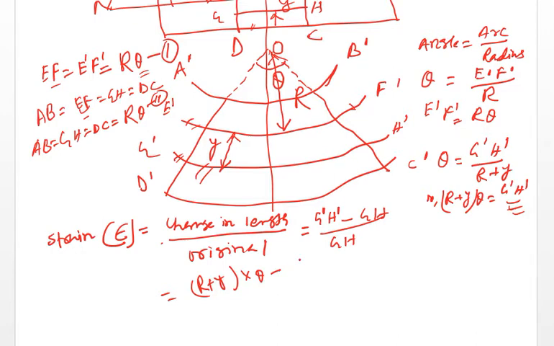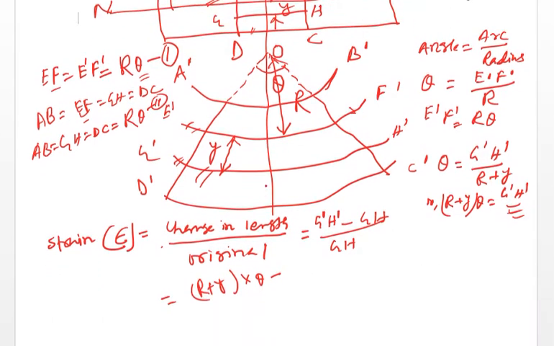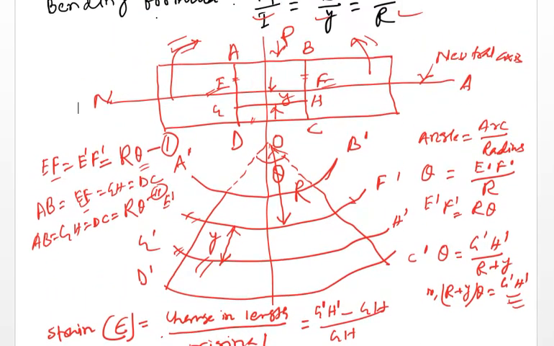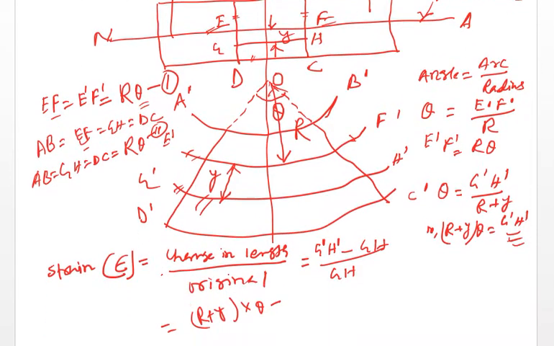What is the value of GH? See, from equation number 2, GH is equal to Rθ. So we can put the value of GH over here, that is Rθ upon Rθ, the original length.